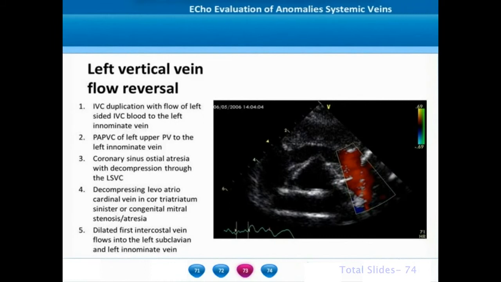It may be due to a decompressing levoatriocardinal vein in cor triatriatum or in congenital mitral stenosis or atresia. It can also represent sometimes the dilated first intercostal vein with flow into the left subclavian or left innominate vein.